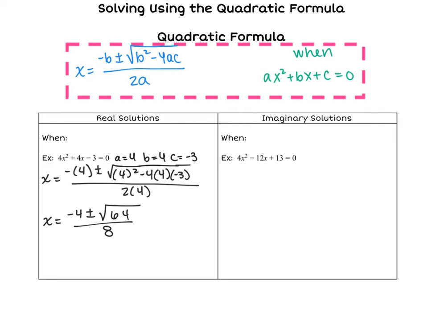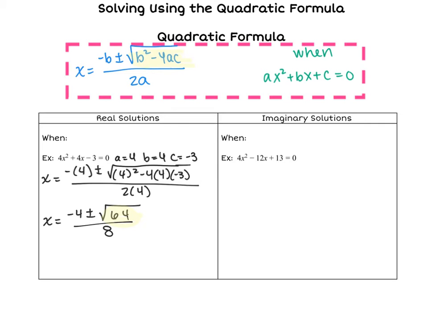Now, I want you to notice that the number we have under the square root is a positive number. So when b squared minus 4ac is positive, then we know we have two real solutions. It doesn't matter if it's a perfect square like 64 is, as long as it's positive, we can conclude that we're going to have two real solutions.